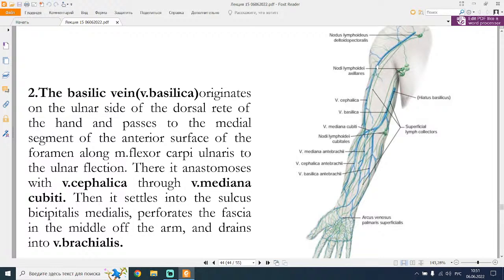Vena cephalica drains into vena axillaris. Vena cephalica is located in sulcus bicipitalis lateralis, vena basilica is located in sulcus bicipitalis medialis.